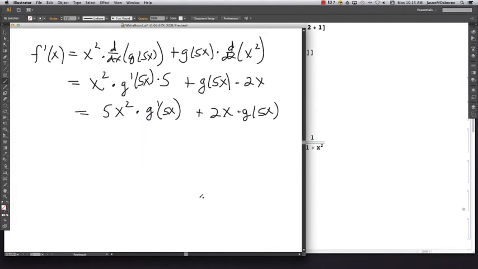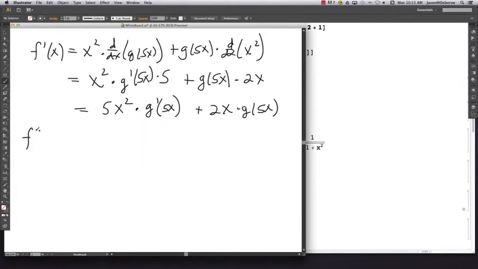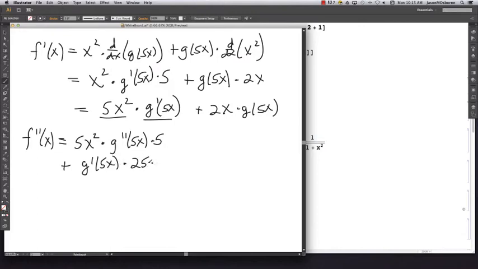If you had to continue on to find f double prime, it would be the first, 5x squared, times the derivative of this, which would be g double prime of 5x times 5, plus the second, g prime of 5x, times 25x.